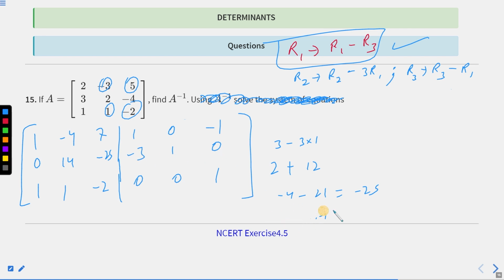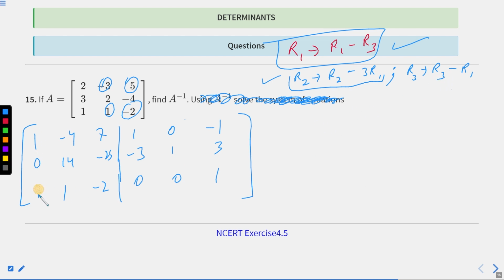And this will be 0, R2 minus 3 times R1, which will be just 3. Clear? Now this is done. What about R3? R3 is just R3 minus R1.